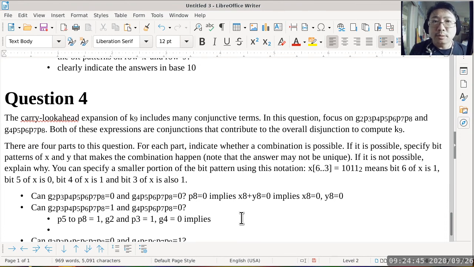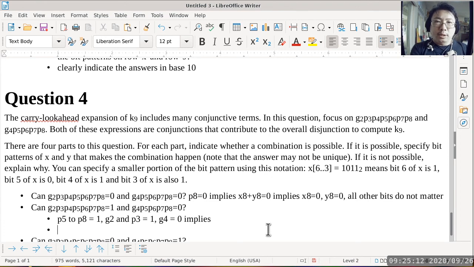Let me see what the question is asking. Whether it's possible, and if it is possible, specify a bit pattern of x and y that makes the combination happen. So in this case, I just have to find one single description to make it happen. All other bits do not matter, so they can be zeros or ones. You pick whatever you want.